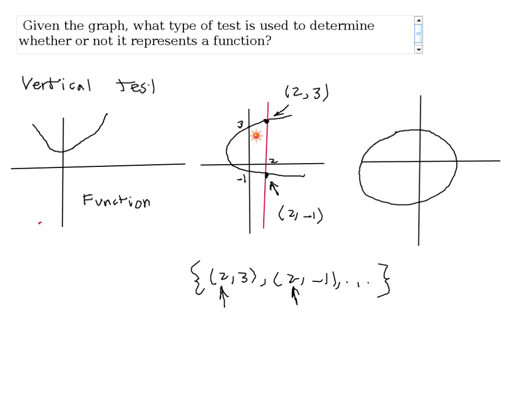Sometimes you don't have a graph, all you have is a bunch of ordered pairs, and they ask you whether this is a function or not. So all you look for is to make sure that none of these ordered pairs share the same x value. If they do, it means you're looking at 2 points right on top of each other, violating the vertical test. So then you say it's not a function. So this is not a function.